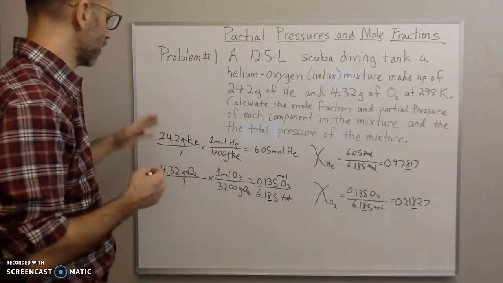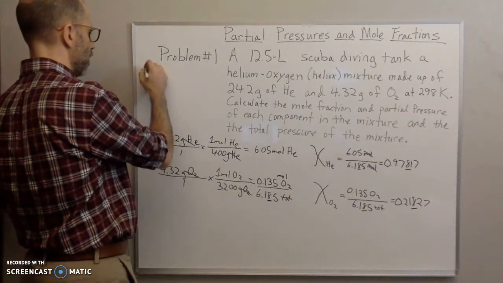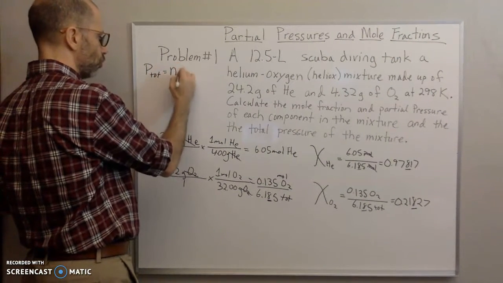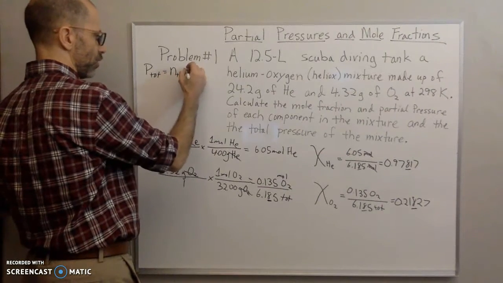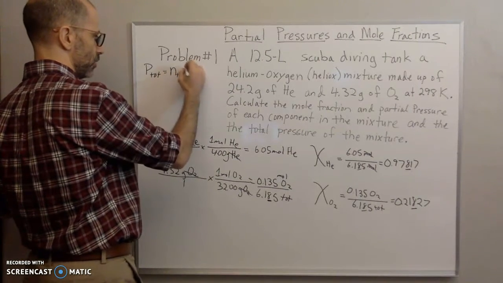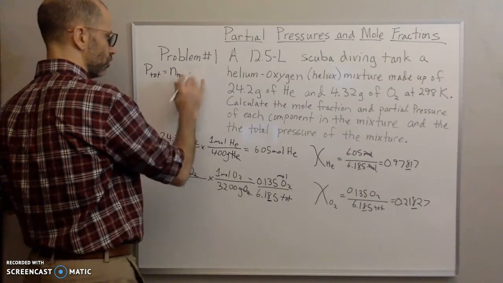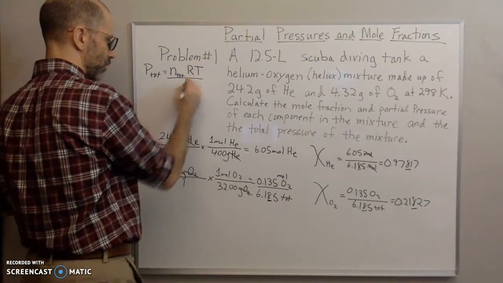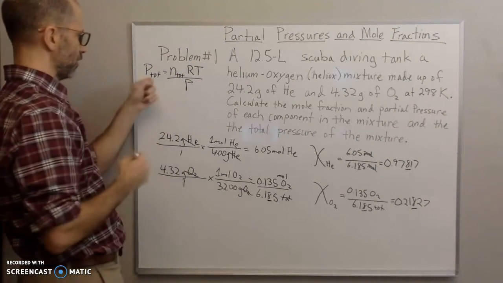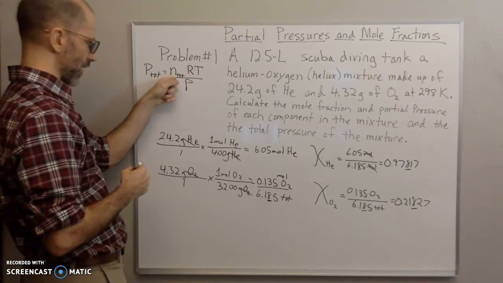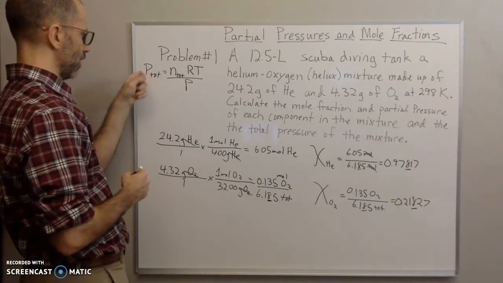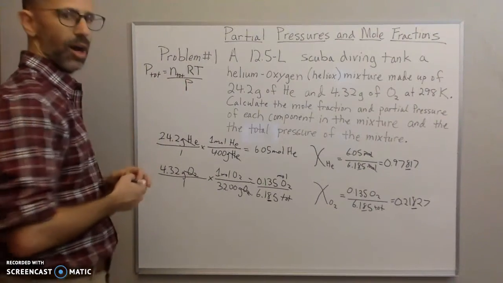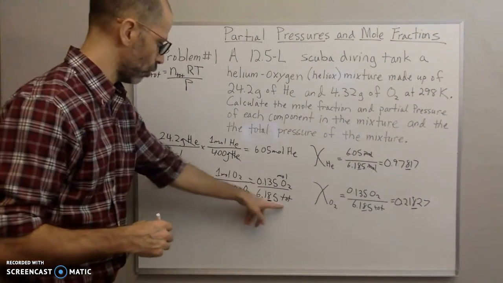So the total pressure would be equal to the total moles multiplied by R times T divided by the volume. So instead of having the partial pressure equal to the moles of that component, you could have the total pressure equal to the total moles multiplied by that. So we can add that we have the total moles.